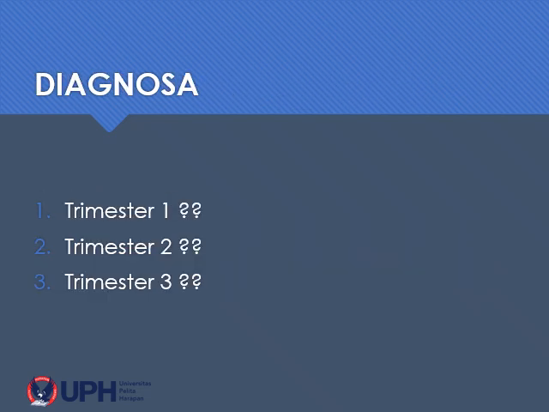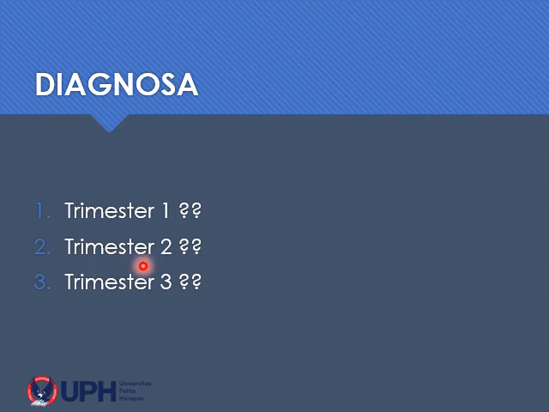Now, after we assess the patients, we create the diagnosis. So we create the nursing diagnosis according to the conditions of the mother, according to trimester 1, trimester 2, and trimester 3. For example, in trimester 1, the mother will feel fatigue and have morning sickness, so we can use that as a nursing diagnosis.